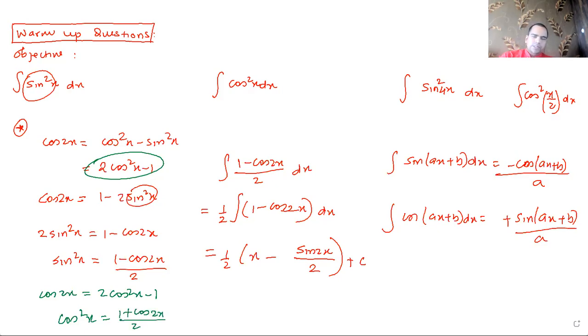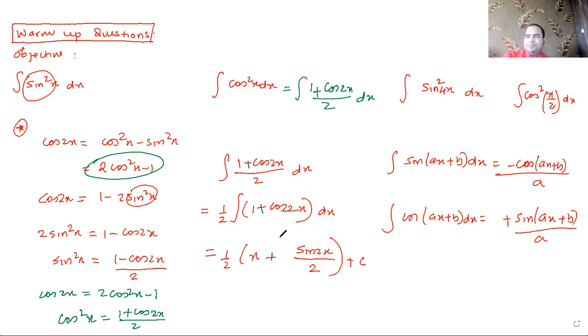So instead of cos squared x, I can substitute 1 plus cos 2x over 2. Now, instead of minus, this is plus, so the only thing is that this will become plus as you integrate. So this is how you integrate sine squared x and cos squared x.